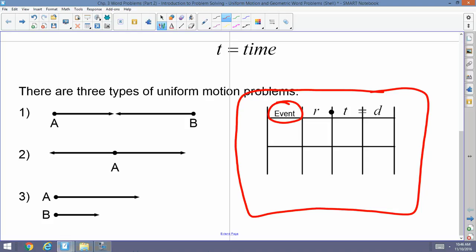2 different things are happening. You're going to have the rate of event 1 and the rate of event 2, the time for event 1, the time for event 2, and then remember that distance is rate times time. So the distance of event 1 and the distance of event 2. From there, I don't know how we're going to solve it. It depends on the question.